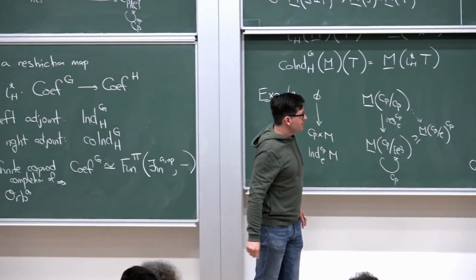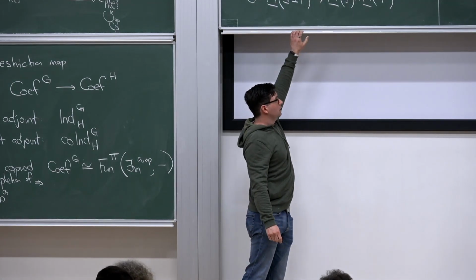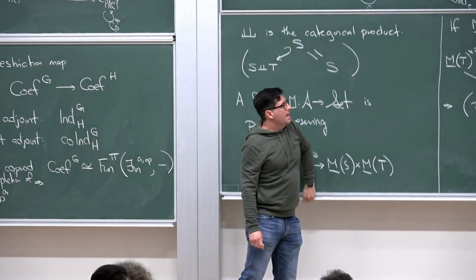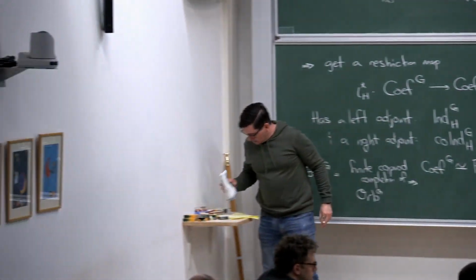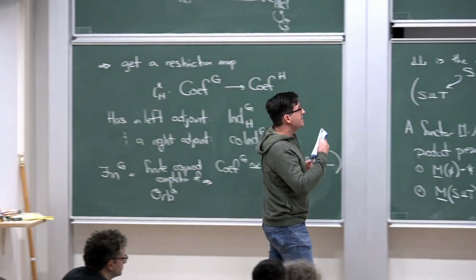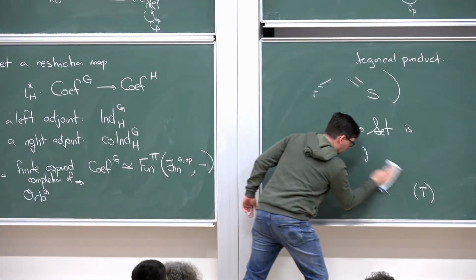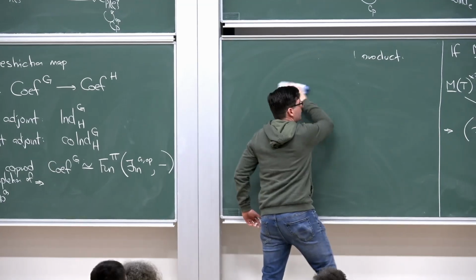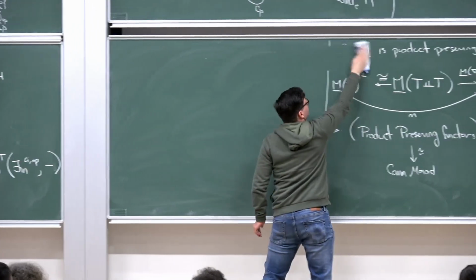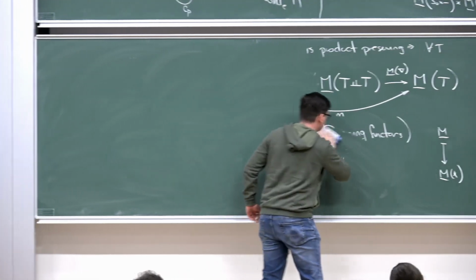So this is giving me a product preserving functor, again, just as we had before. And I could also use the fact that the coefficient system takes as input the things that coefficient systems take as input, and use the contravariant functoriality and extend there too. And I will in a minute.